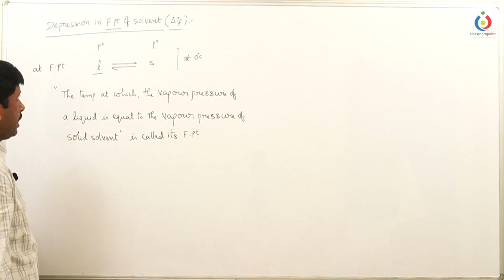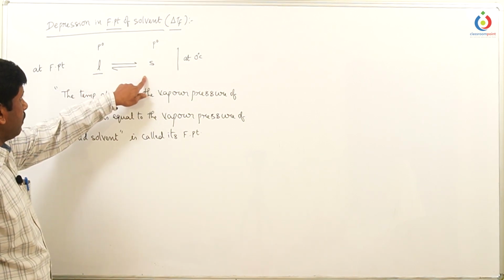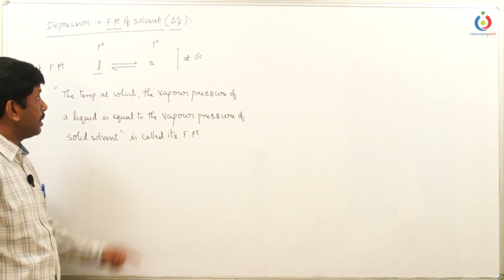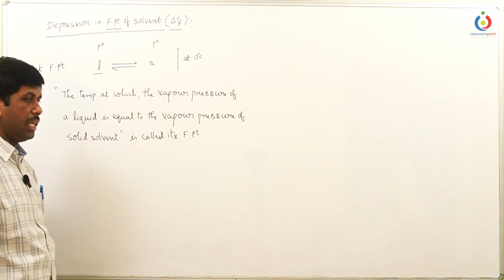So at freezing point, since they are in equilibrium with each other, their vapor pressure is also the same. The same vapor pressure we can apply to the solid as well.